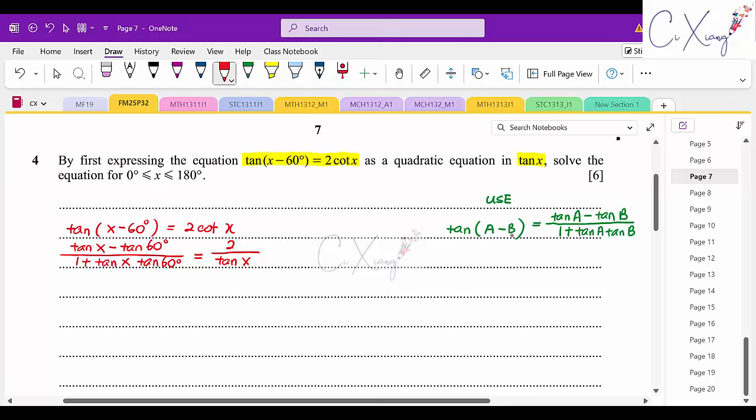So you can see that for my equation now, I'm one step closer to the answer, because they say our final answer is in terms of tangent x. You can see I'm having all tangent x here without any other trigo.